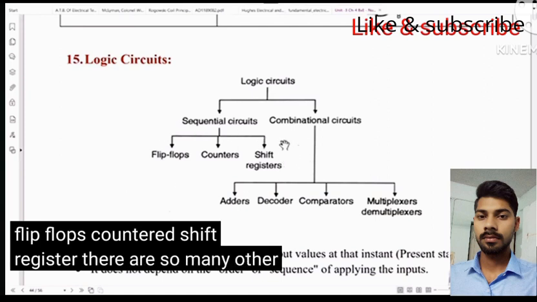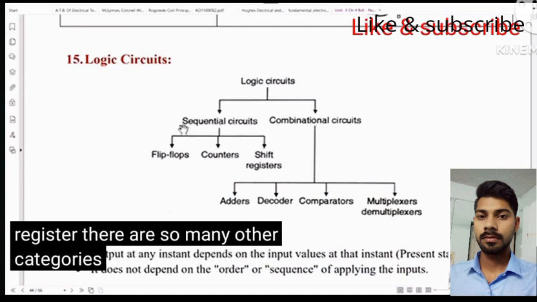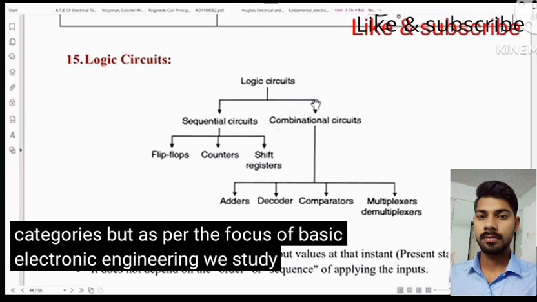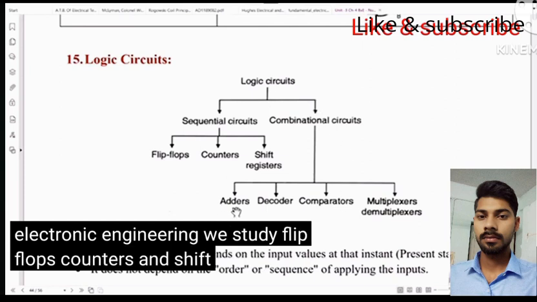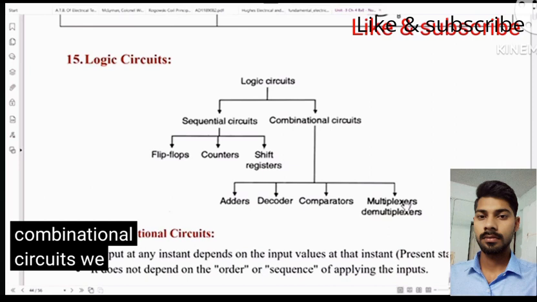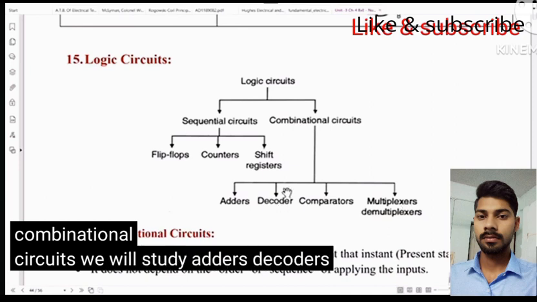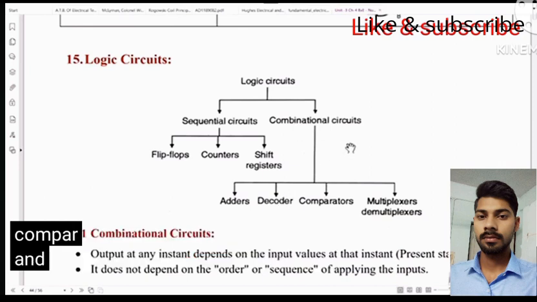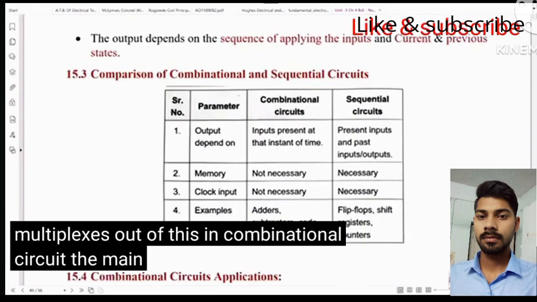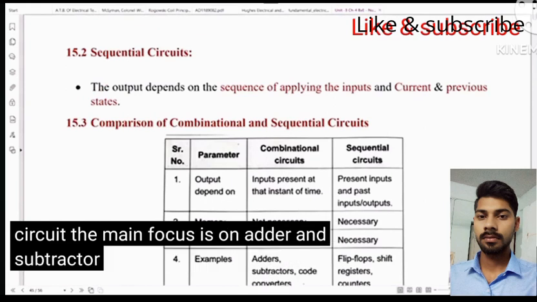There are so many other categories, but as per the focus of basic electronic engineering, we study flip-flops, counters, and shift registers. In combinational circuits, we will study adders, decoders, comparators, and multiplexers. Out of this, in combinational circuits, the main focus is on adder and subtractor only.